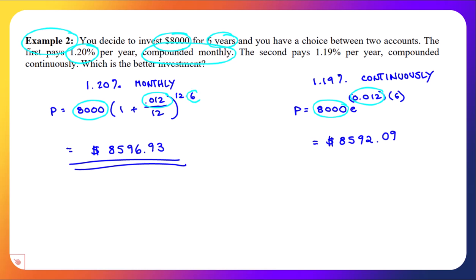So 6 years, compounded 12 times each year. This kind of makes sense, right? If we do something monthly for 6 years, we do it 72 times. Crank this out, and we get this answer. If we do it continuously, we use the other formula, P e to the RT, and we get this amount, and we get a little over $4 more.